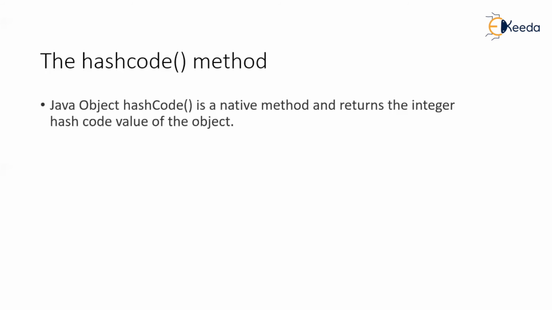There are certain rules related to hash code as well. Multiple invocations of hashCode should return the same integer value. This hashCode method returns an int value. Whatever number of times we call this hashCode method on one object, every time it should return the same integer value unless there is any modification in an object property that is being used in the equals method.